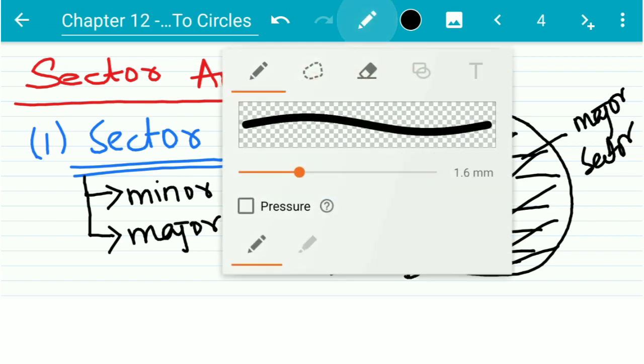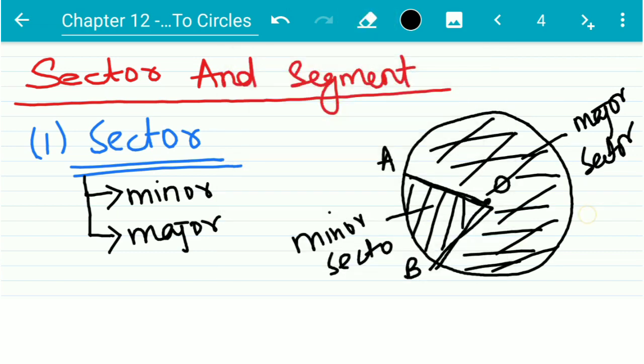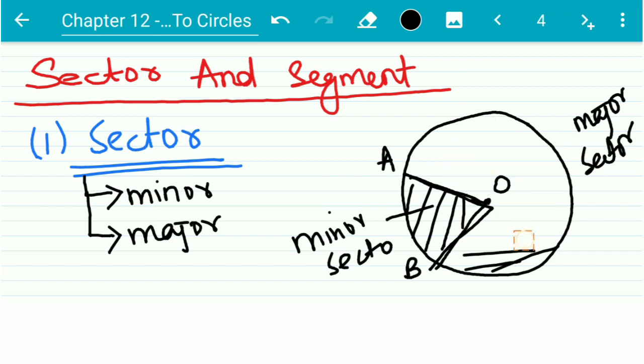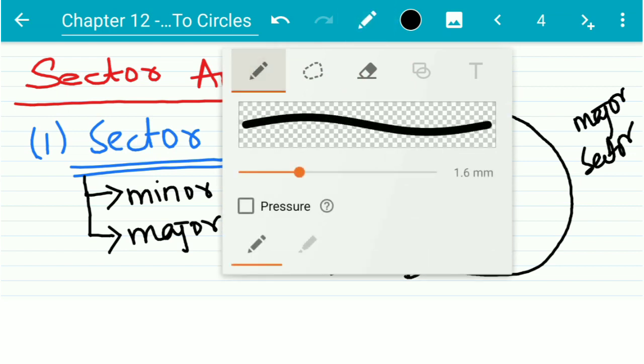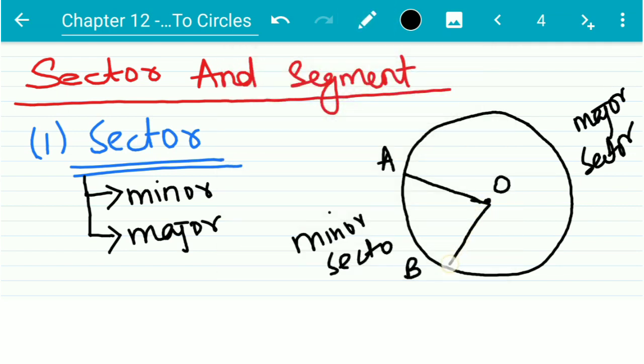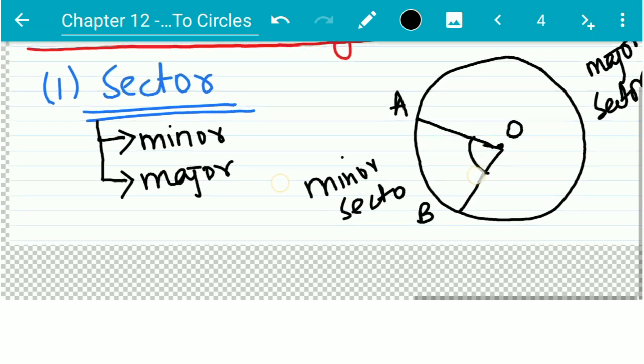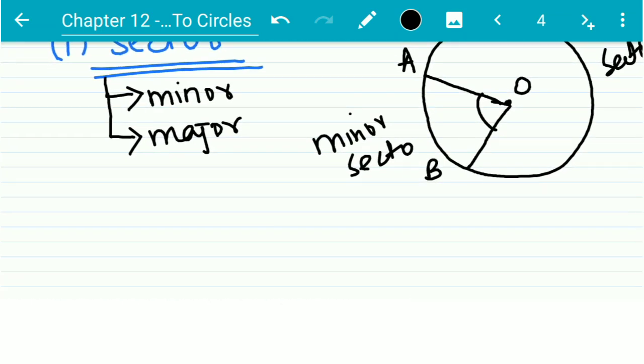And now one more thing. Suppose here is an angle. If there is an angle between AOB, that angle is known as the angle of sector. That means angle AOB you can write as angle of sector.